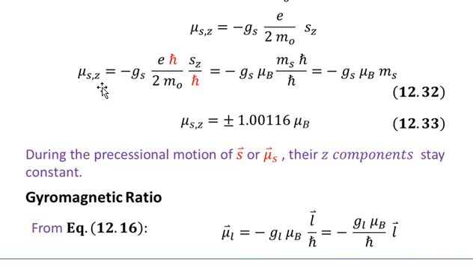So the z component of the spin magnetic moment is equal to minus Gs times the Bohr magneton times Ms times h bar divided by h bar, because Sz is equal to Ms times h bar. The h bar cancels out, and on the right hand side I have minus Gs times mu B times Ms.